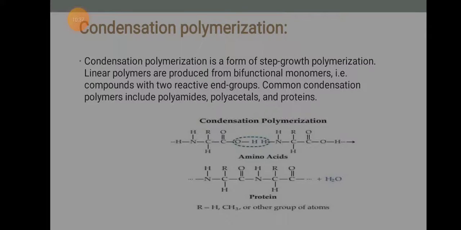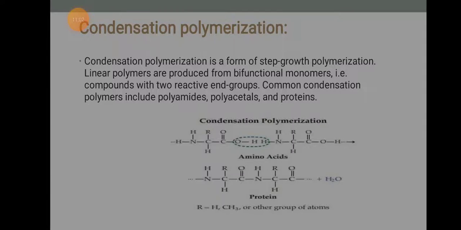And now coming to condensation polymerization. Condensation polymerization is a form of step growth polymerization. Linear polymers are produced from bifunctional monomers, that is, compounds with two reactive end groups. Common condensation polymers include polyamides, polyesters, and proteins.